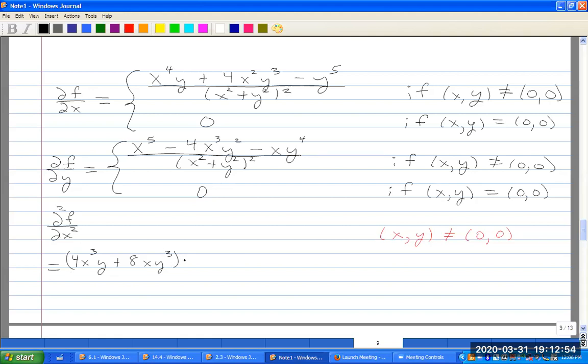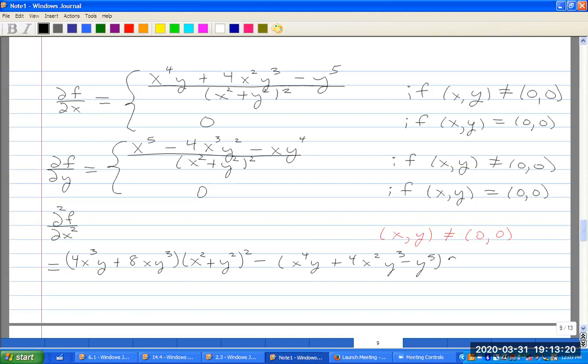So derivative of the numerator times the denominator minus the numerator times the derivative of the denominator.